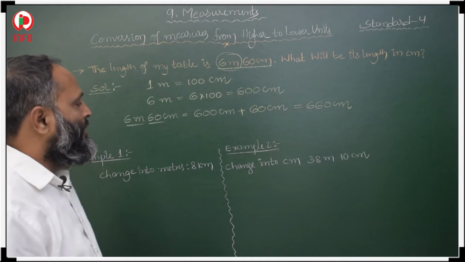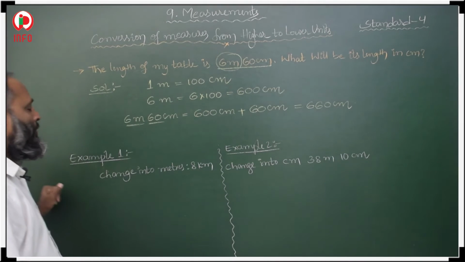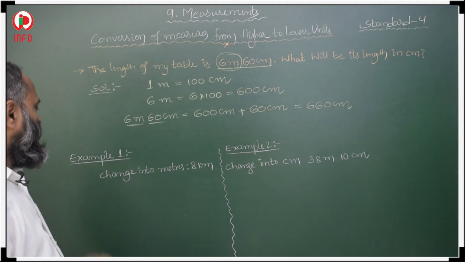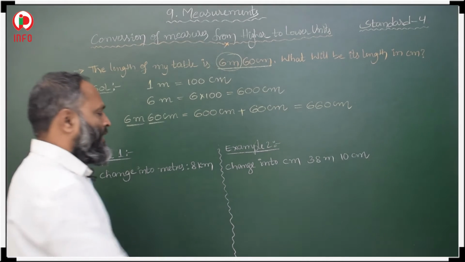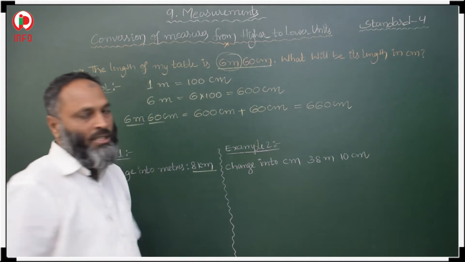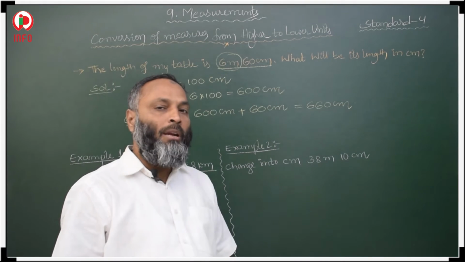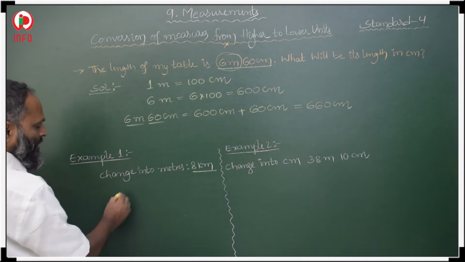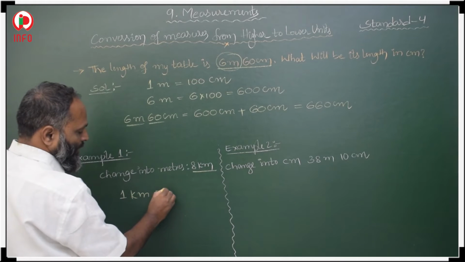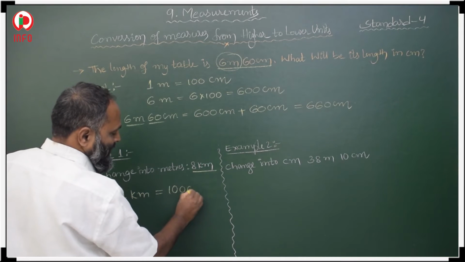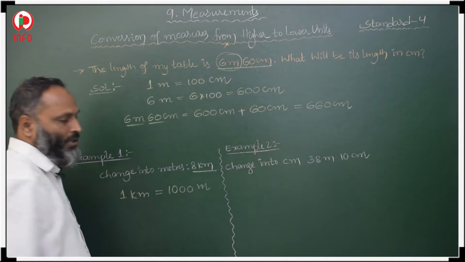Now in example 1, he has given change into meters. Here kilometers are given. Kilometers are larger units. This we have to convert into meters. First, 1 kilometer is equal to how many meters? 1000 meters make 1 kilometer.